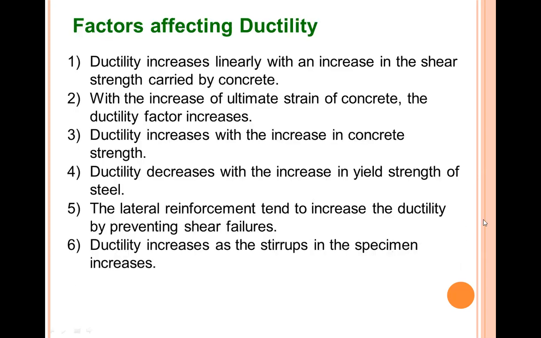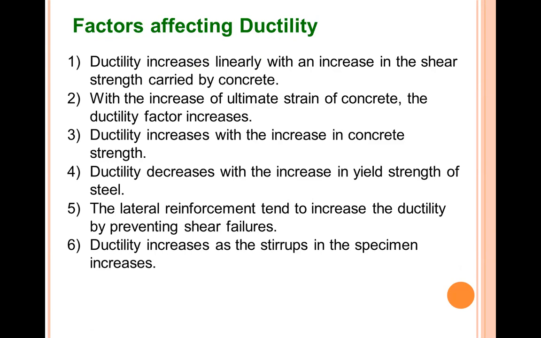Now let us see what are the factors affecting ductility. So this is very important. What are the factors that affect the ductility? Ductility increases linearly with an increase in the shear strength carried by concrete. So ductility will increase when the shear strength of the concrete is more.